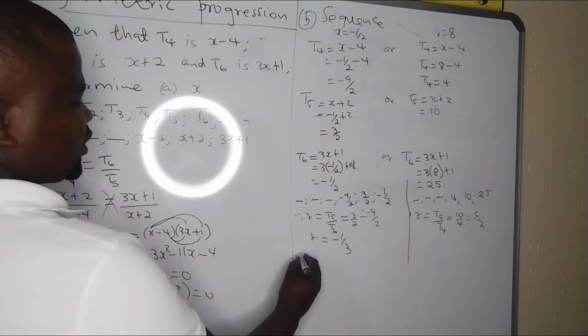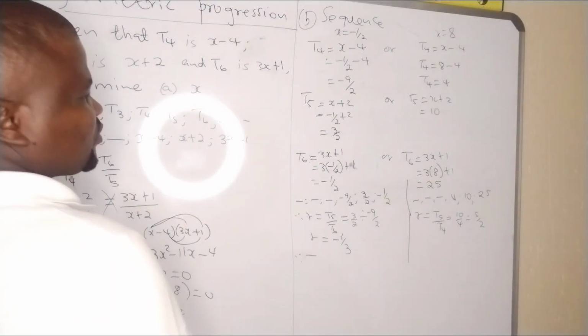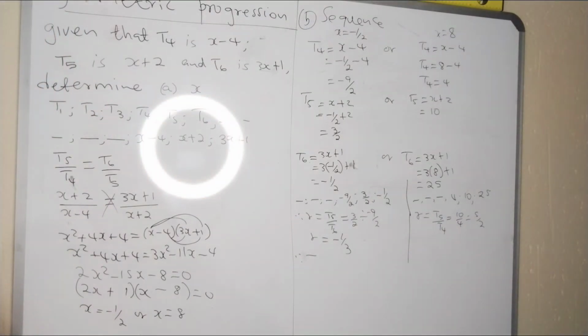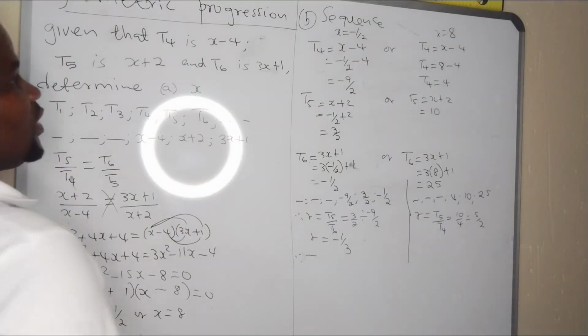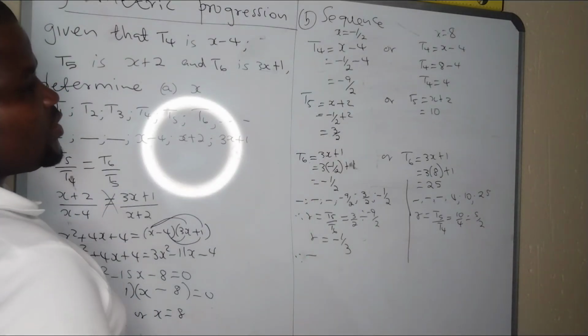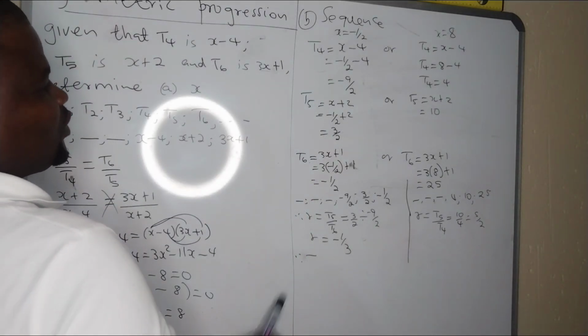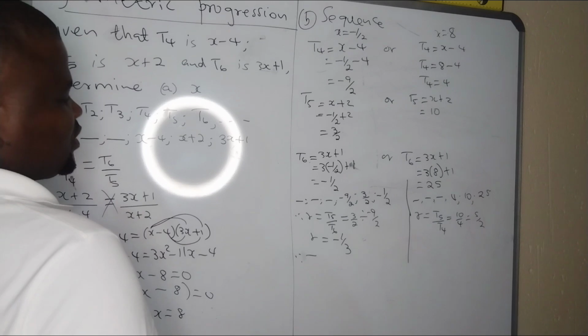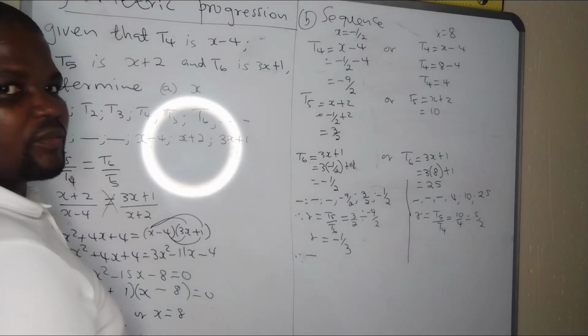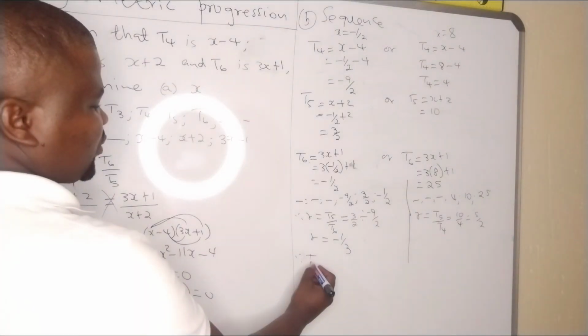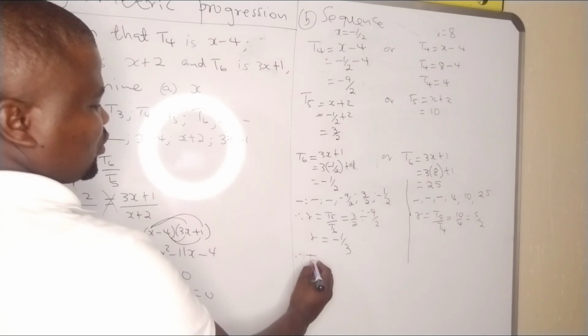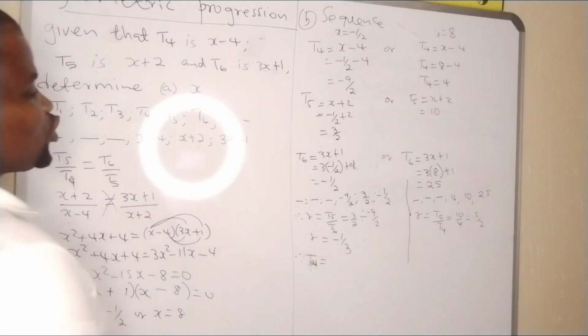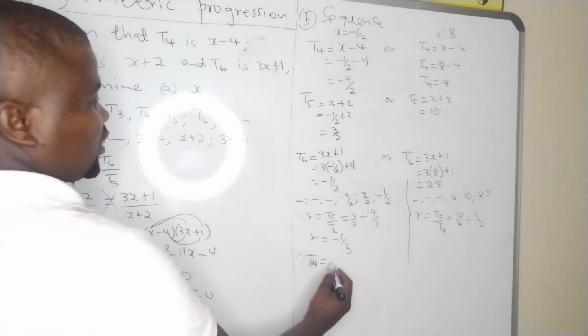For example, I can say I want to find the value of A. If I want to find the value of A, I can say, let me use T4. I know what is T4. I know what is T5. I know what is T6. I can use any one of them. The answer will be the same. Let me use the T4, in geometric sequence.